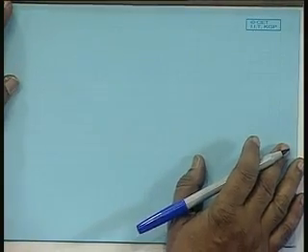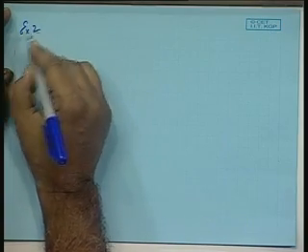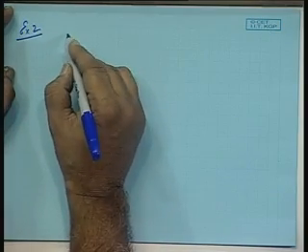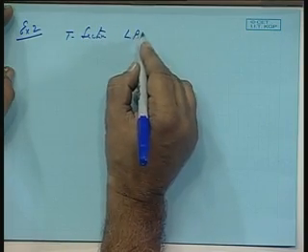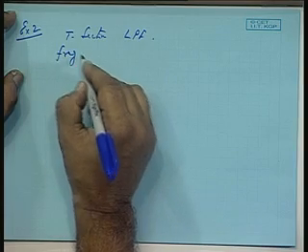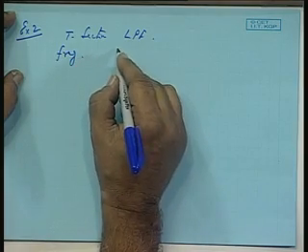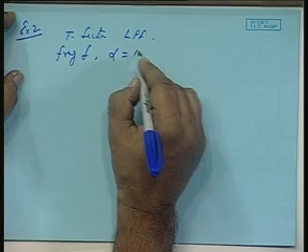Let us take another example. You are asked to calculate, for a T section low pass filter, determine the frequency f, in terms of Fc, for which alpha is equal to 10 dB.